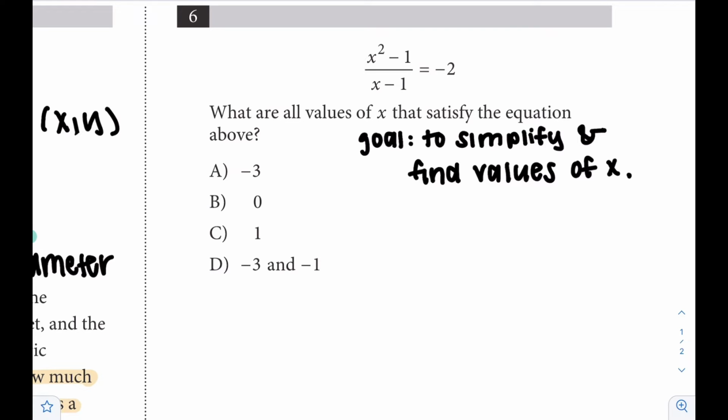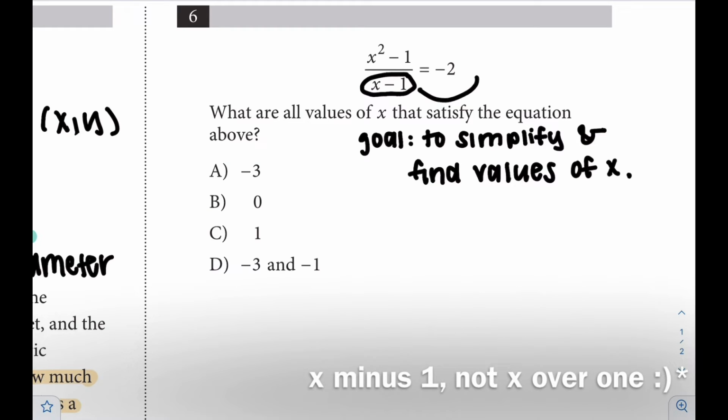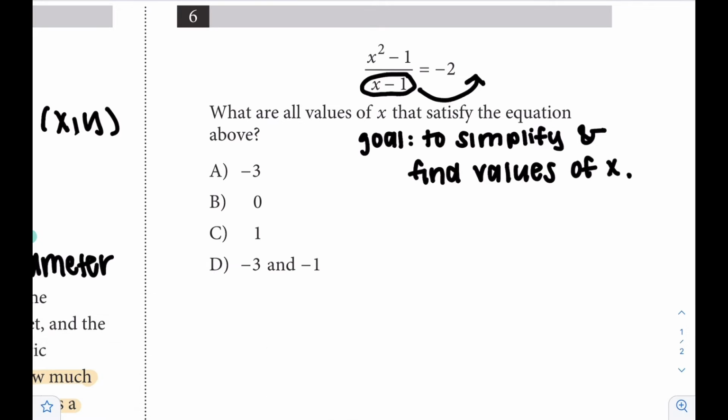So we're not just going to simplify. We have an equation that has variables on top, variables on the bottom. What we're going to do to make this easier is I'm actually going to bring this x minus 1 to this side of the equation. So all we have to do for that is simply multiply x minus 1 on this side, and then also multiply it on this side.